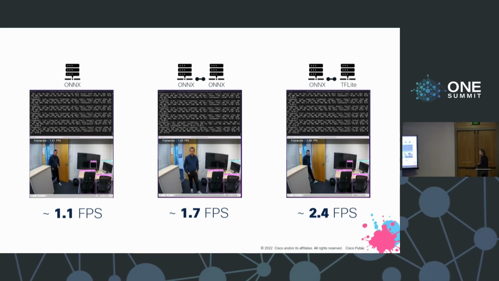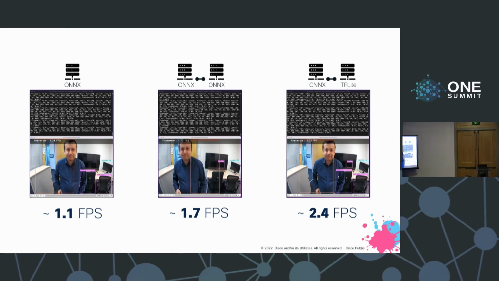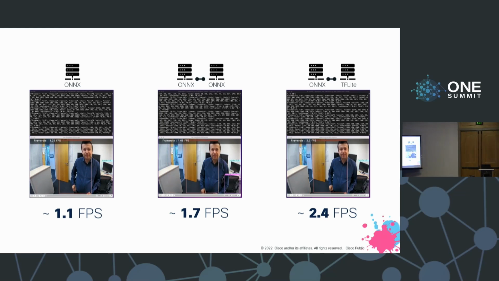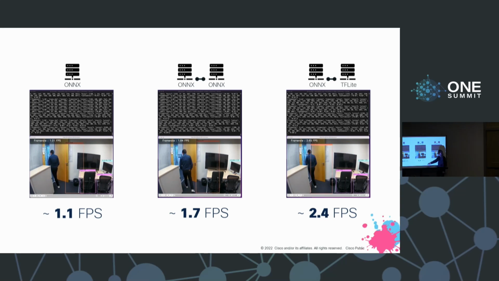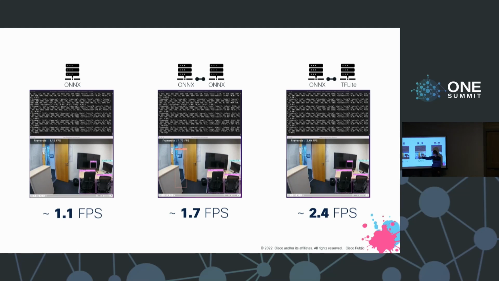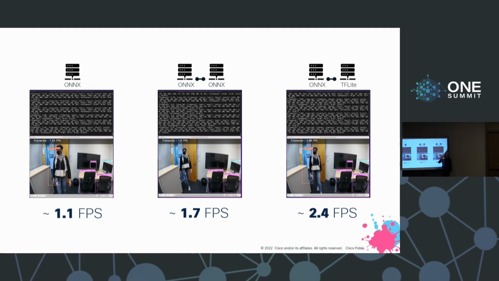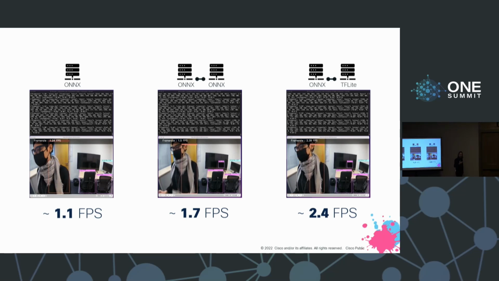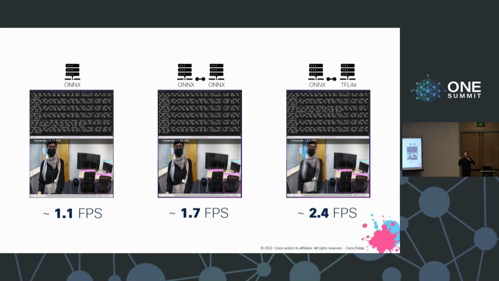What can you do with that? If you look on the left-hand side, we are running a model on an ONNX runtime, single node, 1.1 frames a second. Doing the same thing on 2 ONNX nodes, same runtime, I can go up to 1.7. Why don't I double? Well, I'm keeping the nodes busy with communication backwards and forwards.